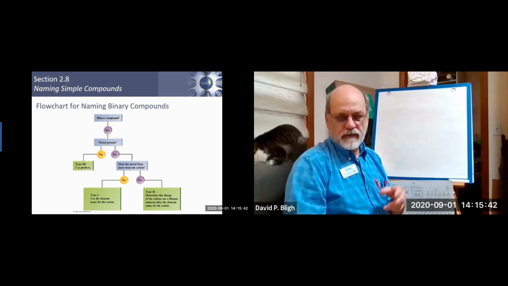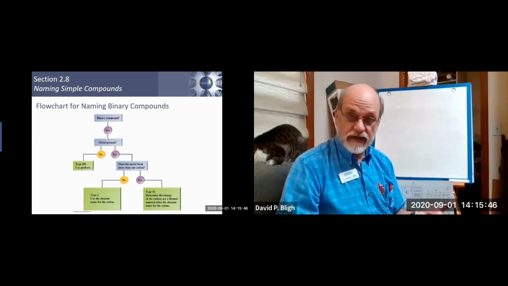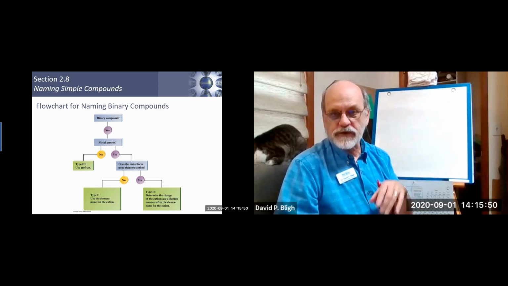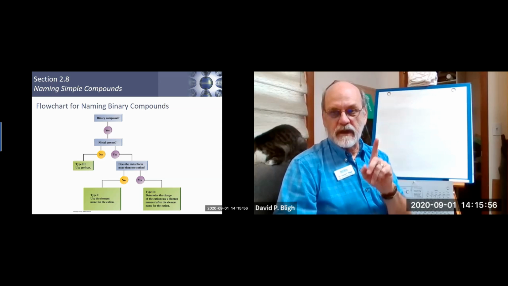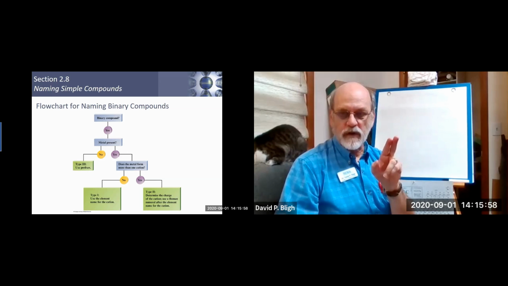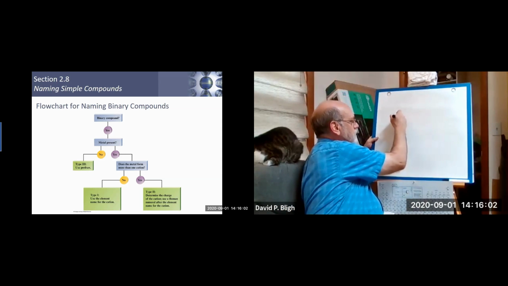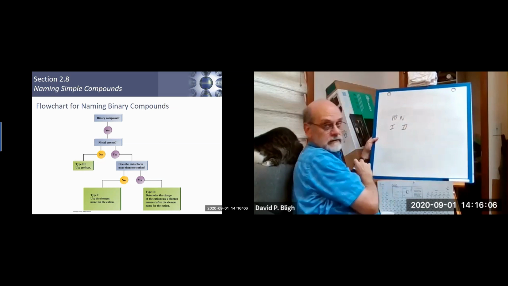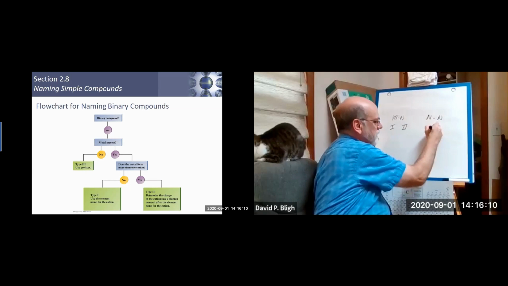So if you're faced with a compound, either a name or a formula, then what's the first question you ask yourself regarding its nomenclature? Is it a metal, nonmetal, or is it 2 nonmetals? If it's a metal, nonmetal, then you're either a type 1 or a type 2. If it's a nonmetal, then you're type 3.